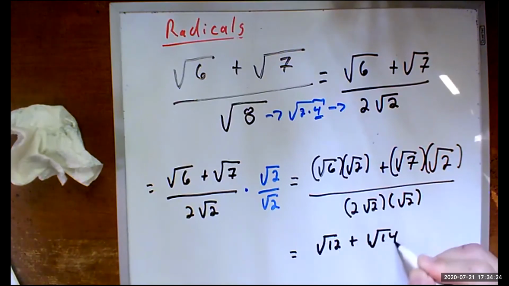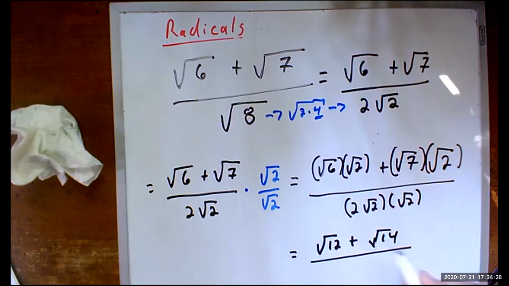But we can simplify all of this now, and I end up with square root of 12 plus the square root of 14 all over 2 times 2.